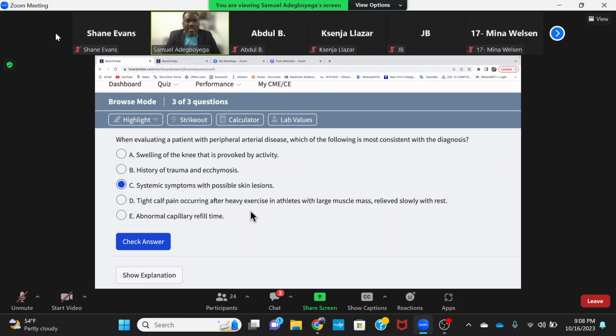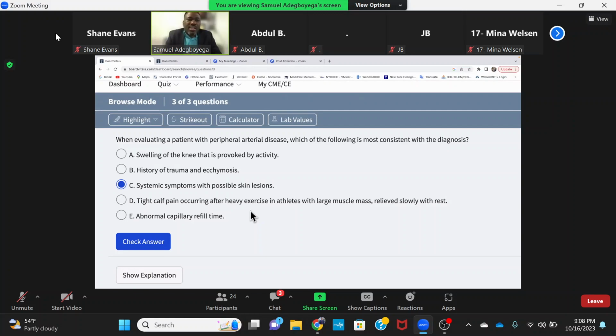Swelling of the knee that is provoked by activity, what is that? It could be Baker's cyst. It could be arthritis. History of trauma or ecchymosis, there's no basis for this. Systemic symptoms with possible skin lesion.